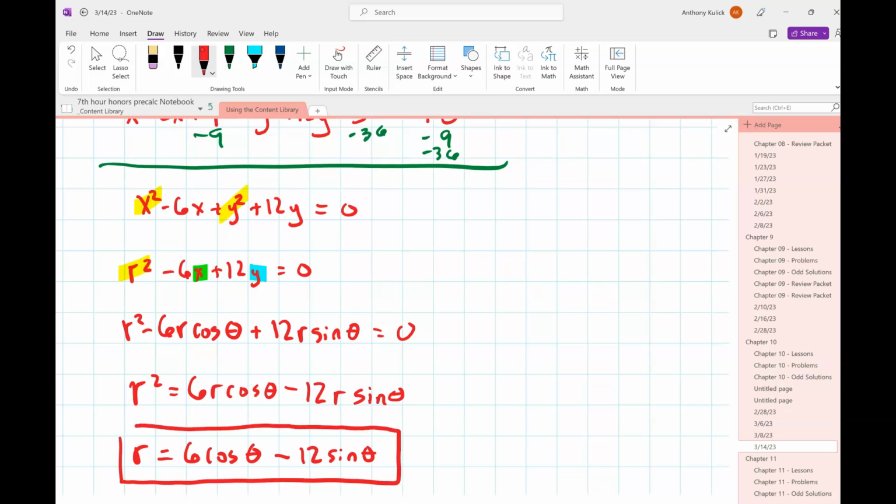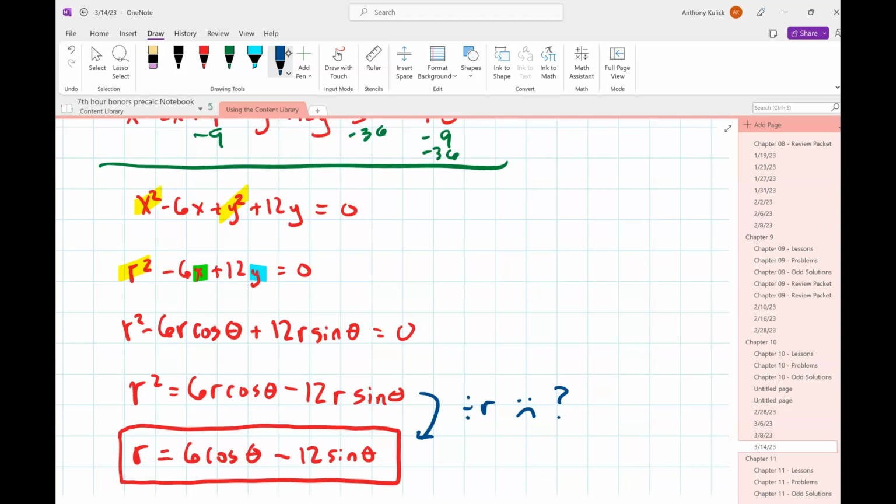Now, there is one little step here that we have to be kind of careful about. What step here requires a little bit of explanation before we say this is our final answer? Which one of these steps was the potentially problematic one? Divide by r. Yeah! Right?